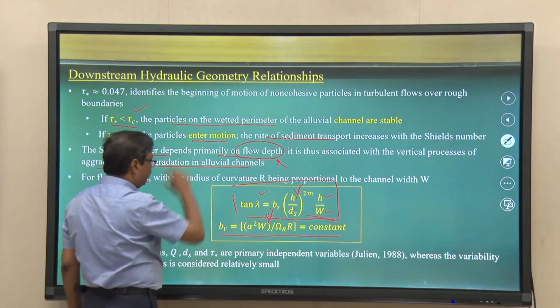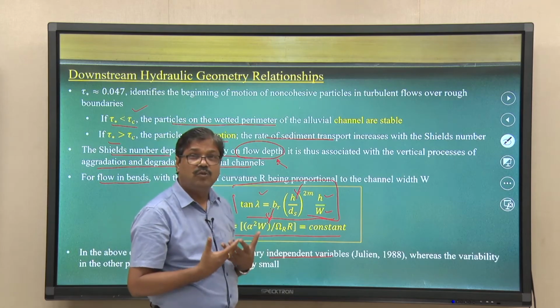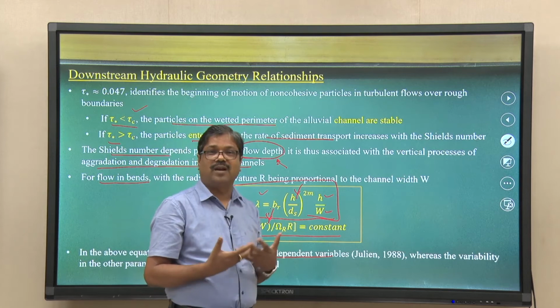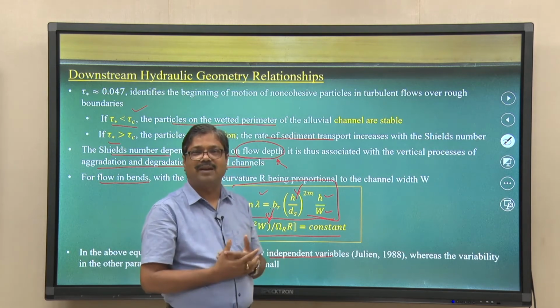If you look at all these things, the primary dependent variable considered is discharge, ds representing the bed material, and tau star, the Shields number, indicating the ratio between two forces: the shear force and the weight of the sediment particles.